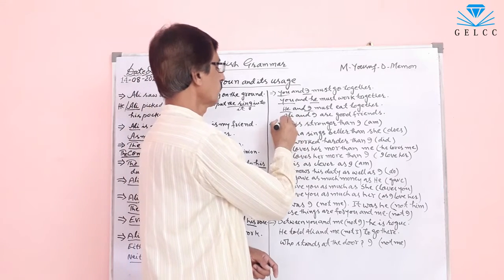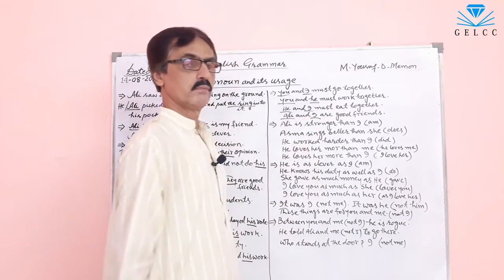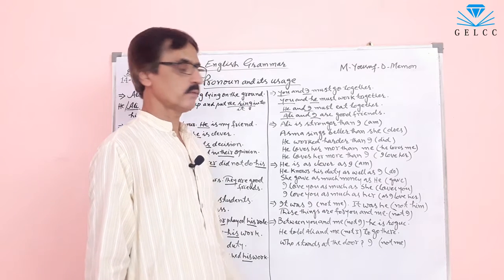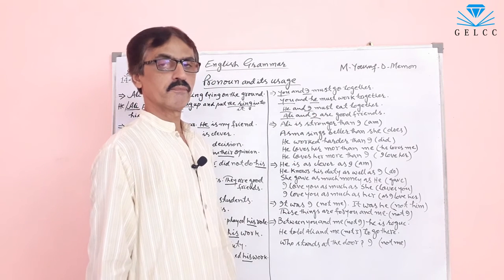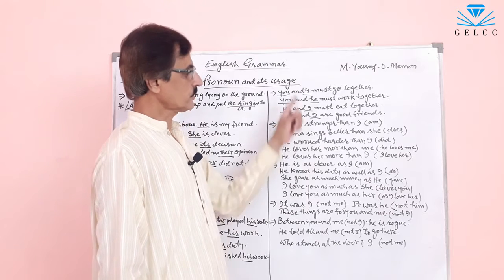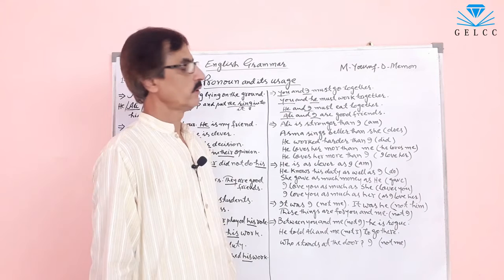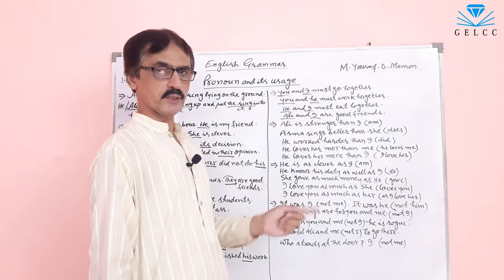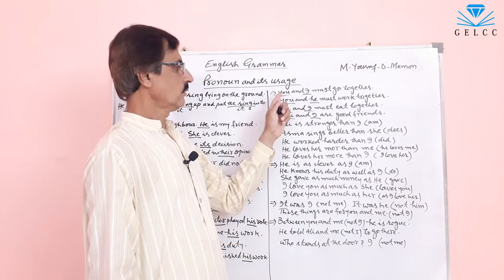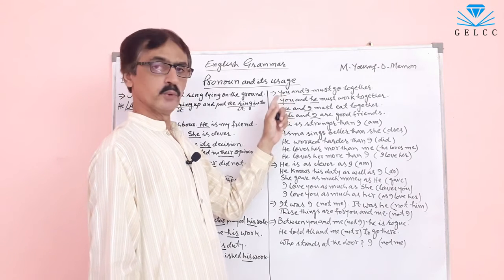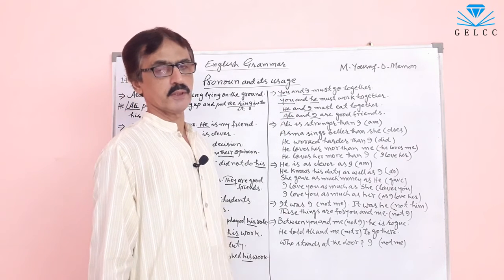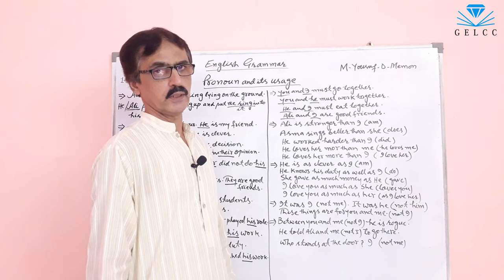Ali and I. Ali is third person, then I, first person. First person always comes next. If the first person and second person are used, then we will use you first and first person I second.